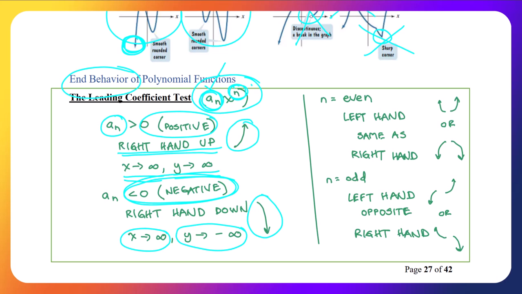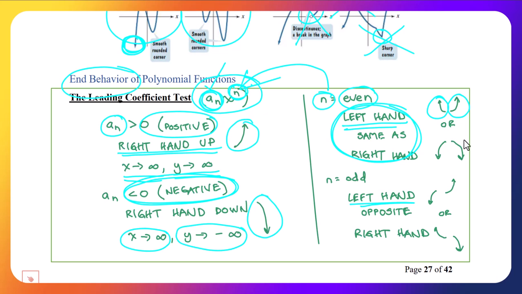Now to determine the left hand behavior, we look at the exponent. If it's even, the left hand is the same as the right hand. So if the right hand goes up, the left hand goes up. If the right hand goes down, the left hand goes down.